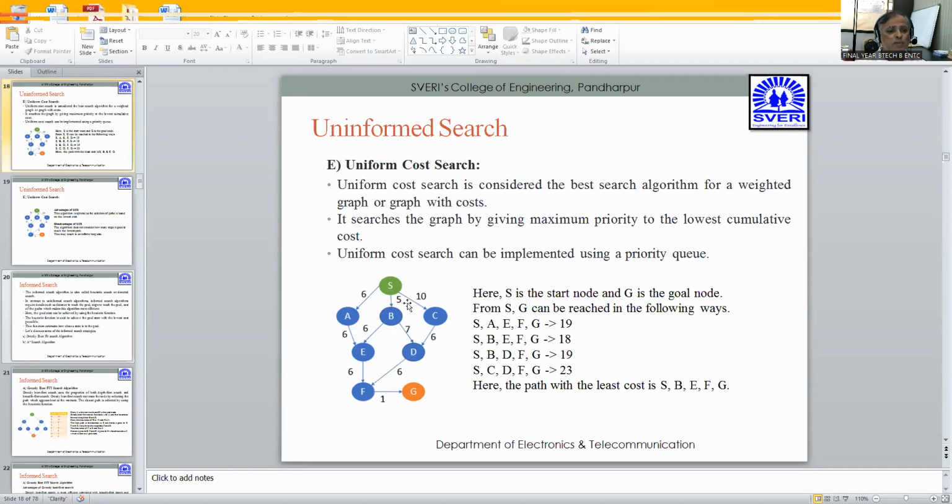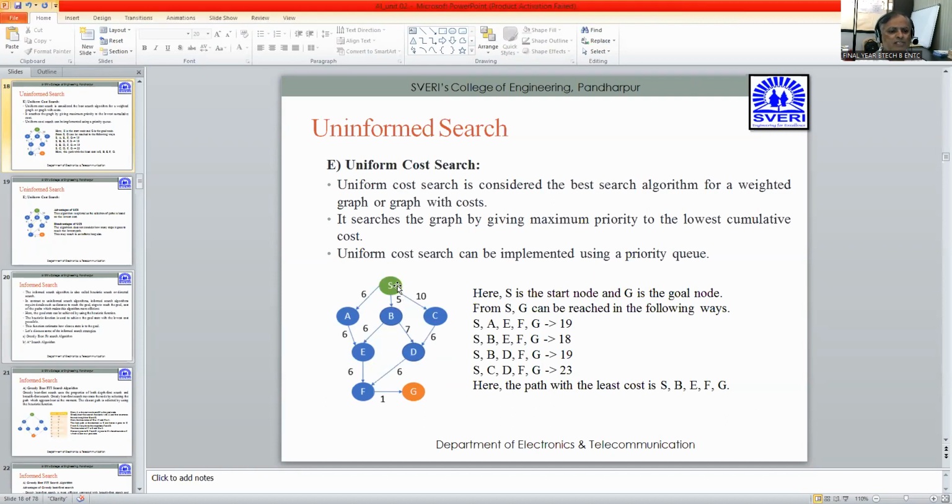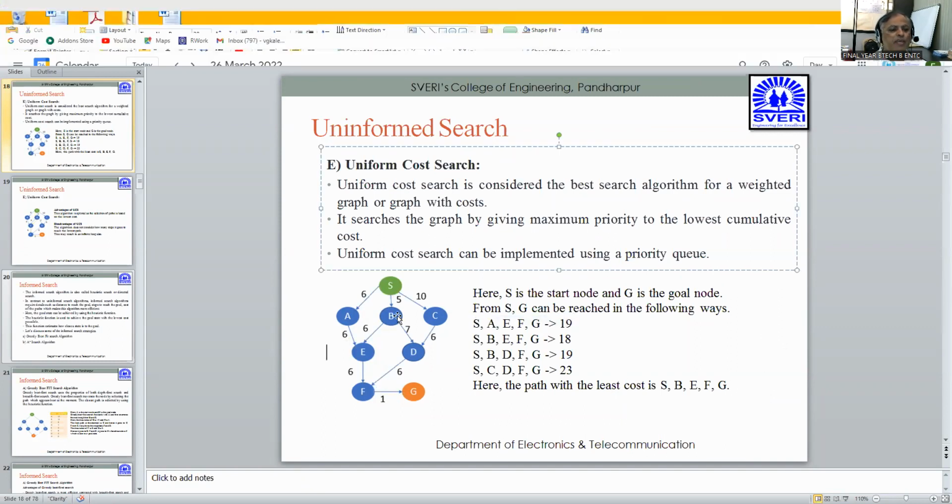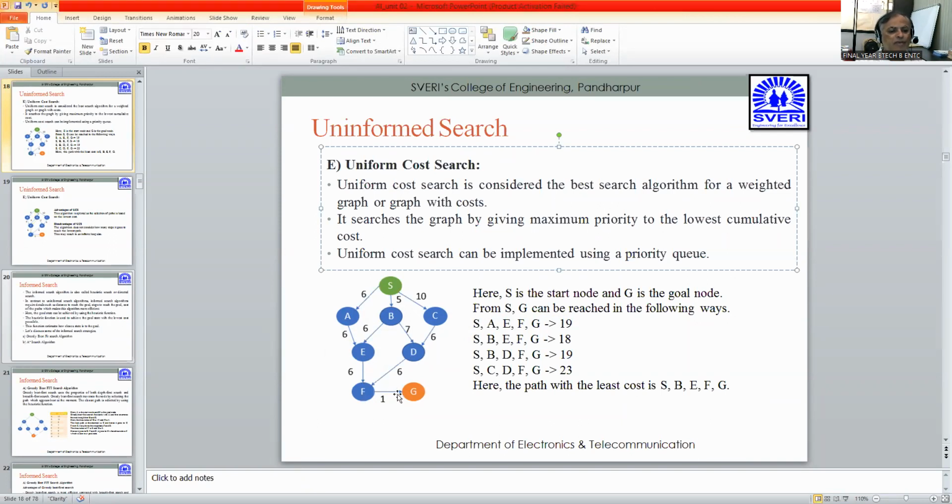The first path will be from S, it will go to A, then E, then F, and then G. So what will be the weight? The weight will be 6 plus 12, that is 12 plus 6, 18 plus 1, 19. So you can see the first one is 19. Second will be S, B, E, F, and G.